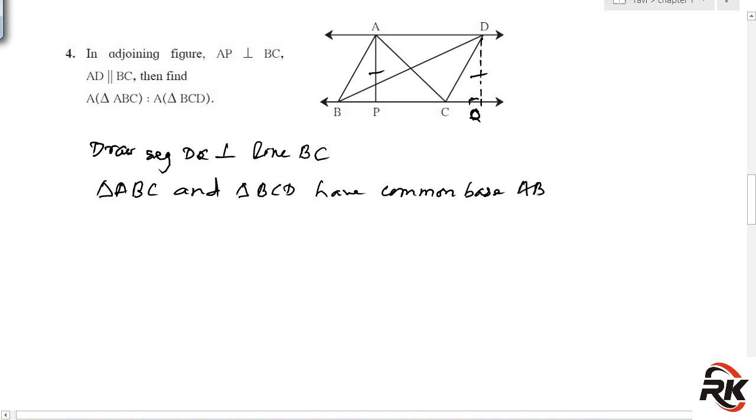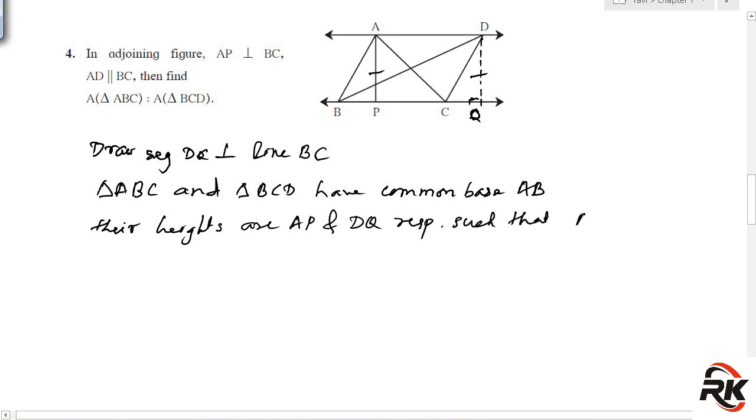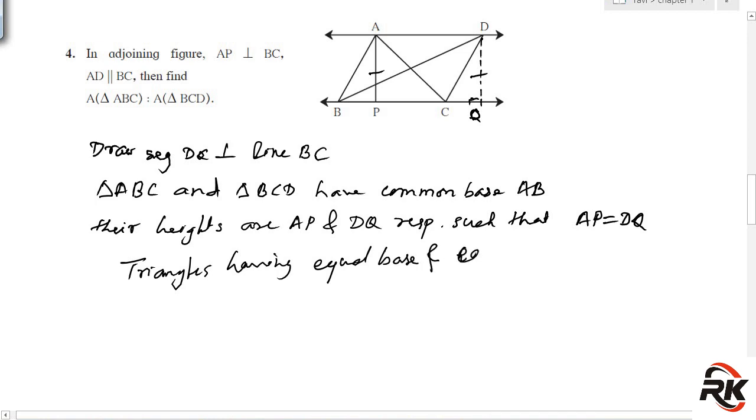BC, and their heights are AP and DQ respectively, such that both are equal, which AP is equal to DQ, means triangles having equal base and equal height.